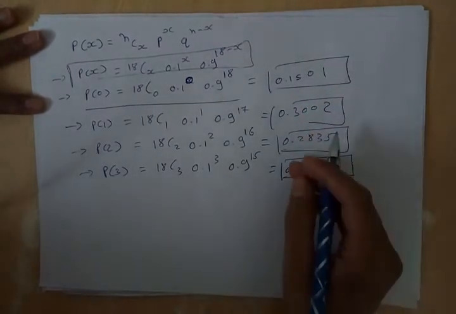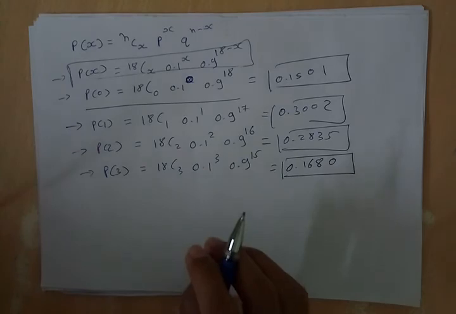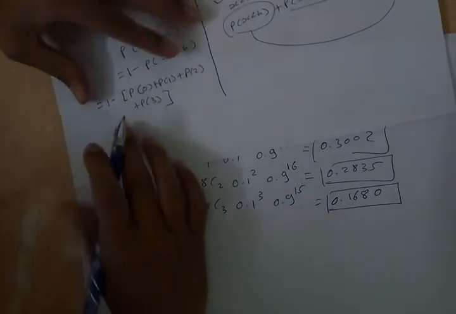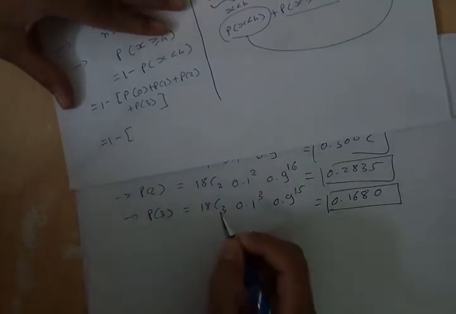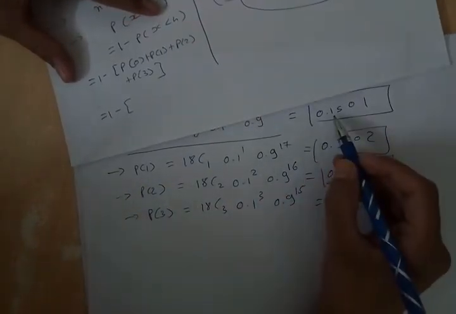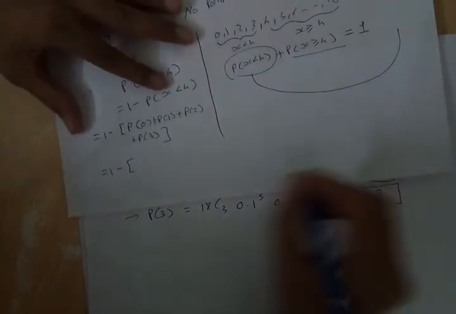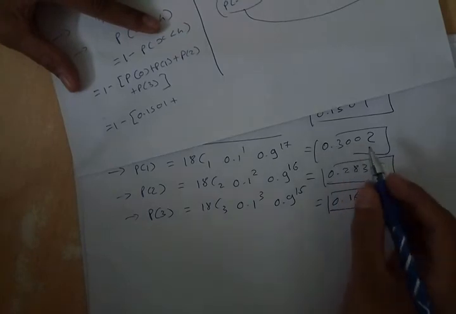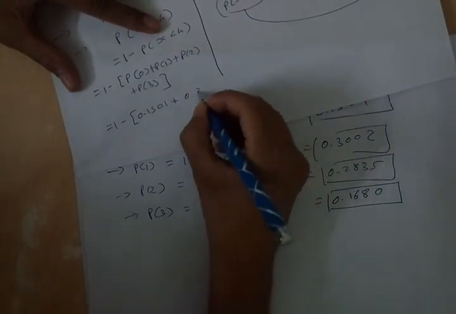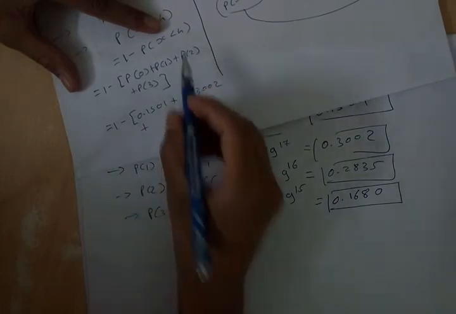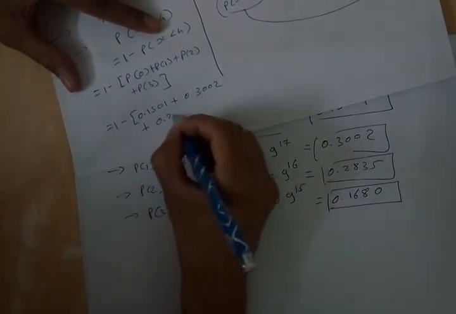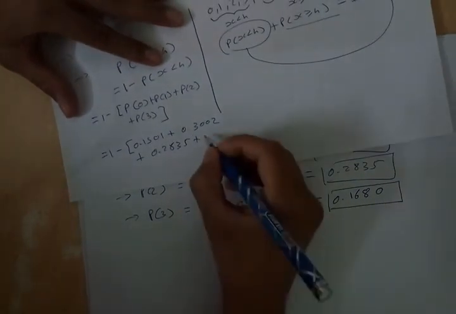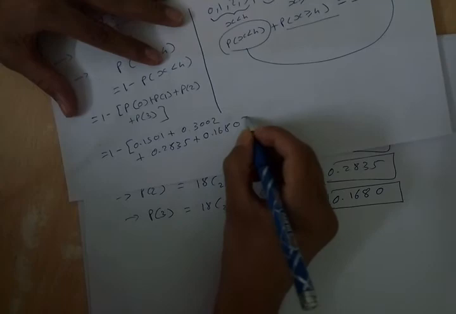Now we will put all these values in this equation. So 1 minus P of 0, which is 0.1501, plus 0.3002, P of 2 is equal to 0.2835 and P of 3 is equal to 0.1680.